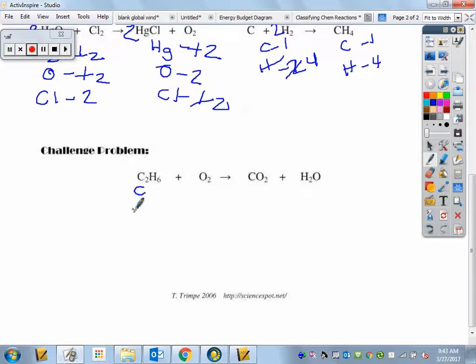We have C, we have H, we have O: 2, 6, 2, and 1, 3, 2. Okay, let's try. One of the rules is don't ever try and balance something that's in two different places, so we shouldn't focus on the oxygen first, really. We should focus on one of the others.